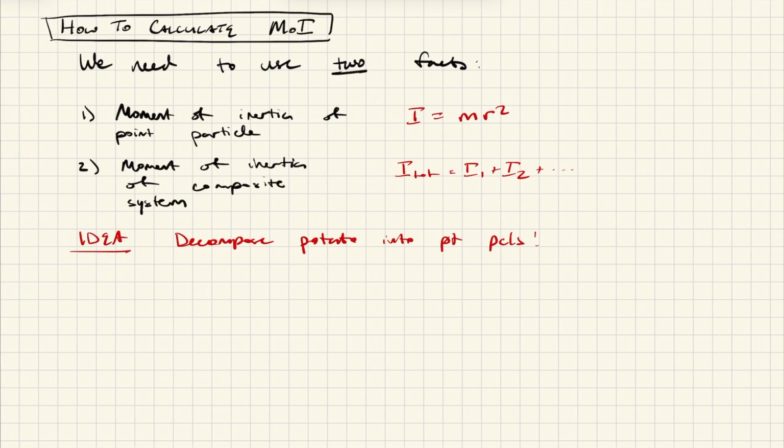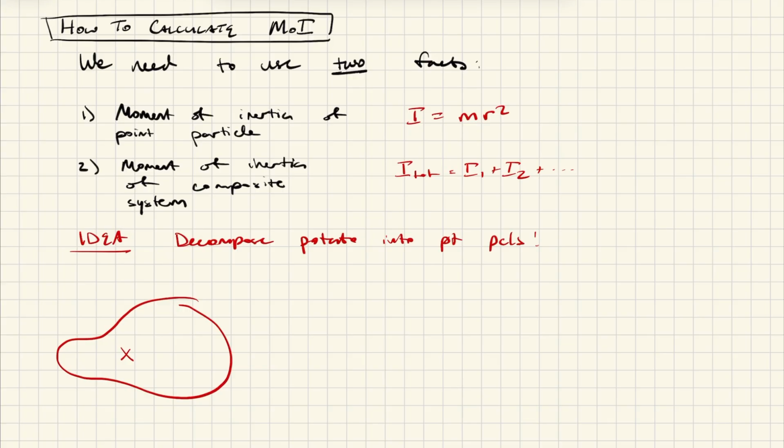So let's move on to talking about how we actually decompose any object into point particles. Once again, I've listed the two facts up here just to remind us. The idea we're going to use is to decompose any potato shape into basically a bunch of point particles and add up the moments of inertia of those point particles to find the total potato moment of inertia, okay? So imagine we have some potato that looks like this, and we have our pivot point at some random location.